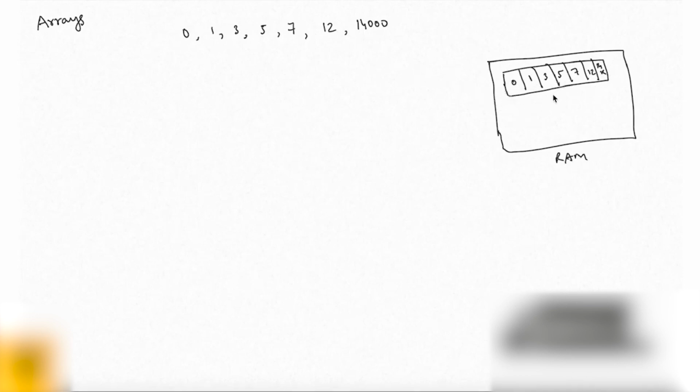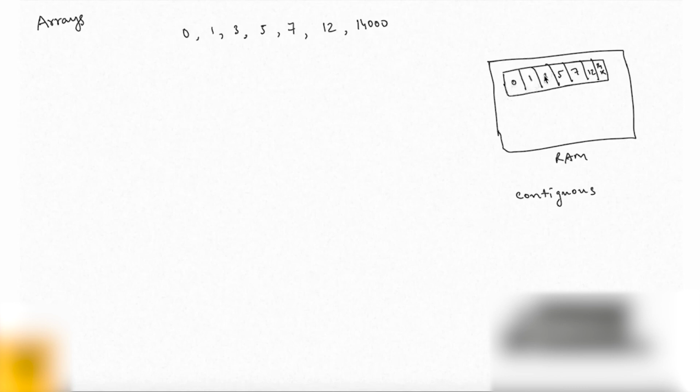Now this memory is contiguous, which means that there are no gaps between the memory addresses of one element and the previous one. So the memory location where 0 is stored, the very next memory location, 1 would be stored.